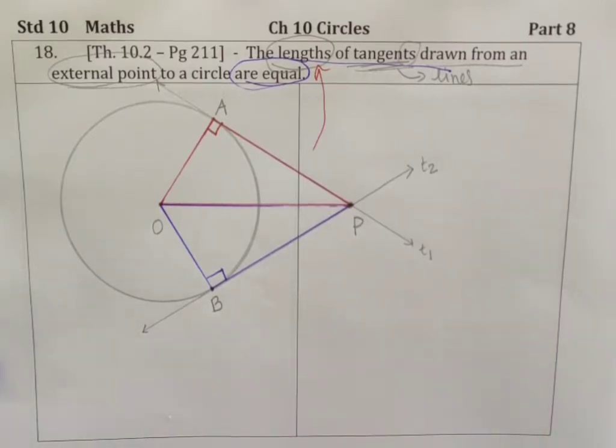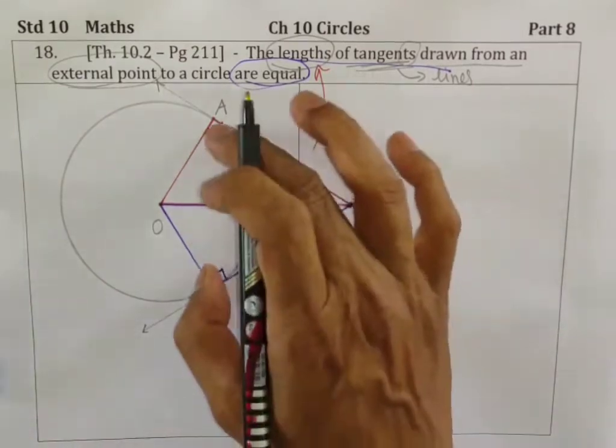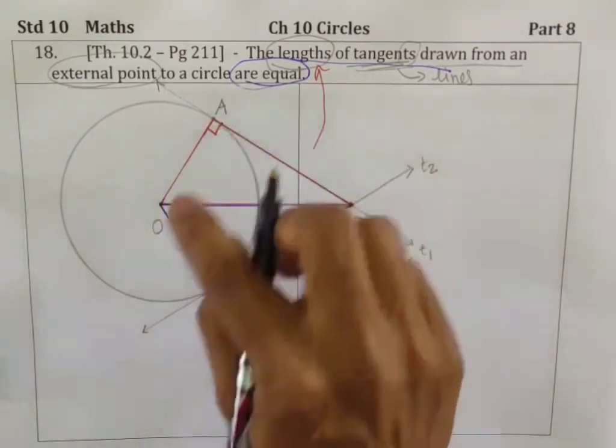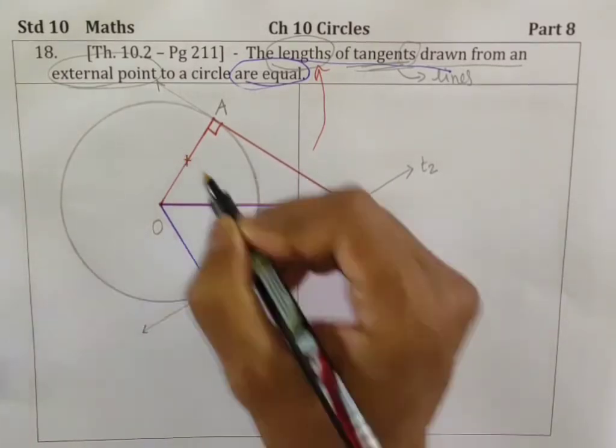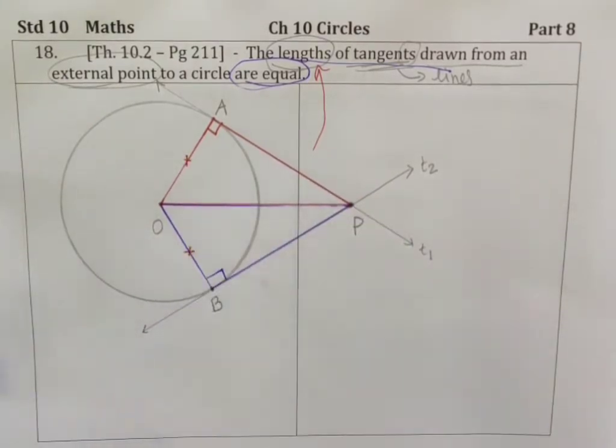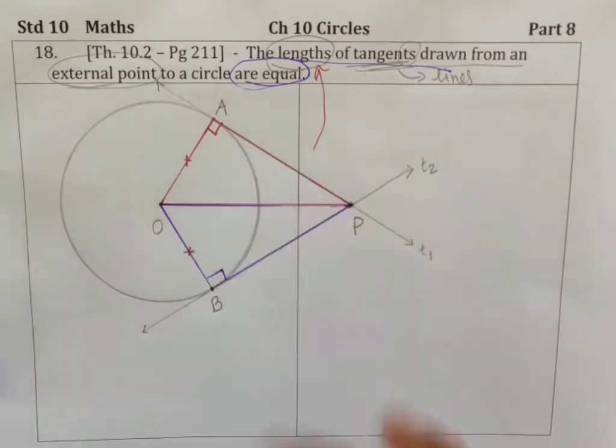चलिए, एक right angle आपको मिल गया है ना? So one corresponding part is congruent. OA and OB, are they equal? Yes. Why? Radii of the same circle. So let me make sign OA equal to OB. So two corresponding parts congruent मिले, angle A equal to angle B, OA equal to OB.